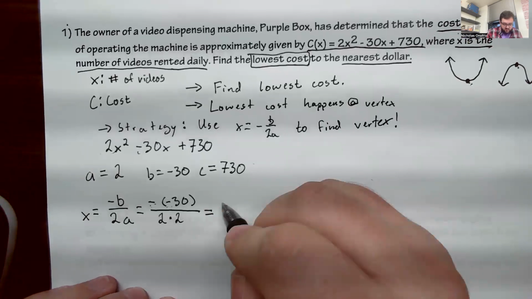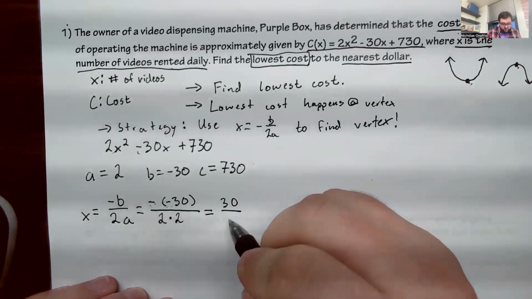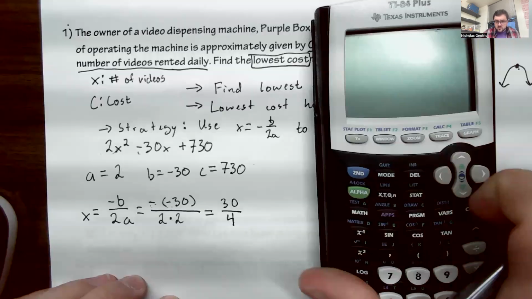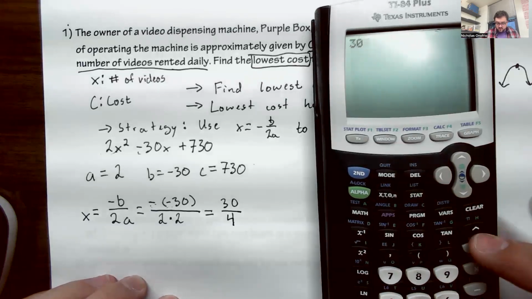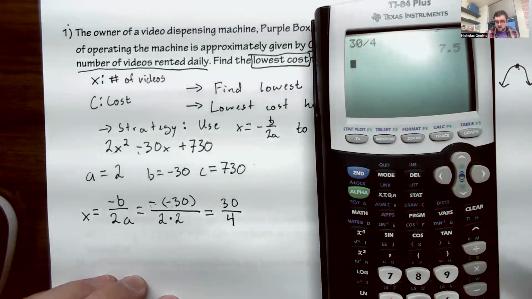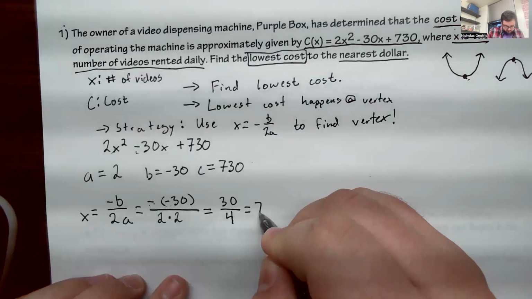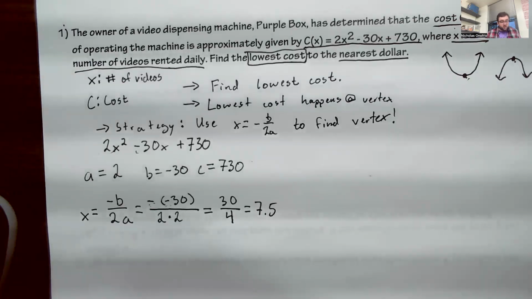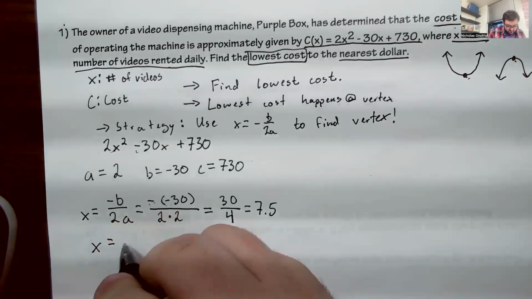Negative negative is going to give me a positive. We're going to have positive 30 over 2 times 2, which is 4. Plugging into our calculator, 30 divided by 4 is going to give me 7.5. So for our problem, my X is 7.5.